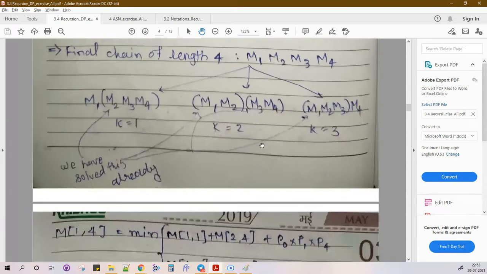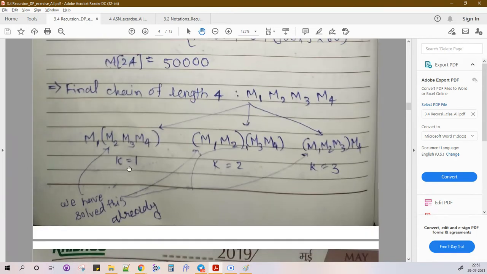What happens if I take k equal to 1? Keep m1 as it is, group the last 3. If I take k equal to 2, break here, m1, m2, m3, m4. And if I take k equal to 3, then it will look something like this, right?